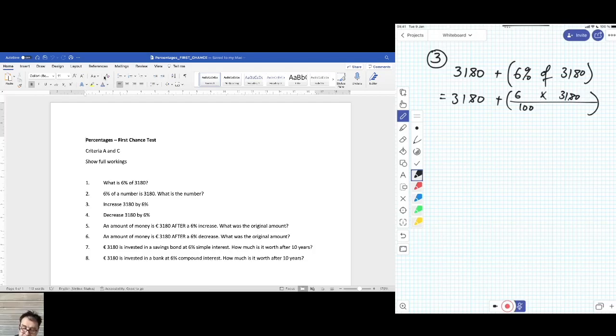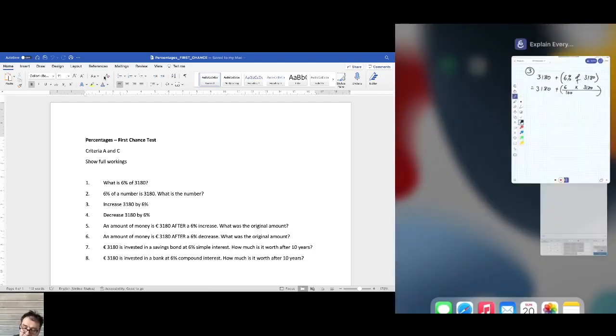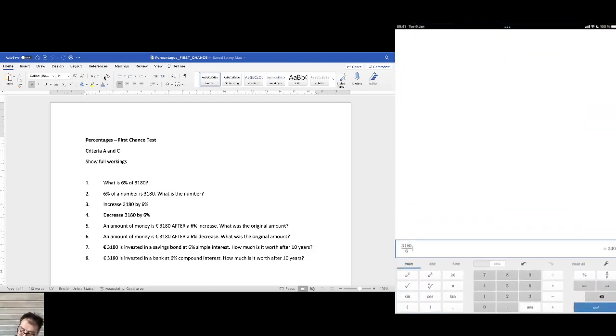So let's just do that. Again, I'll get on my calculator, clear all that. Okay, so it's 3,180 plus big fraction, 6 on the top, 100 on the bottom for the 6%, and then times the original 3,180 on the top, comes to 3370.8.